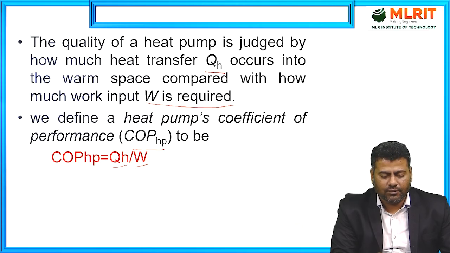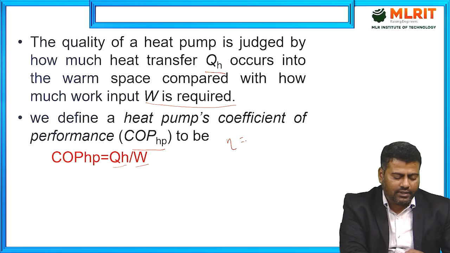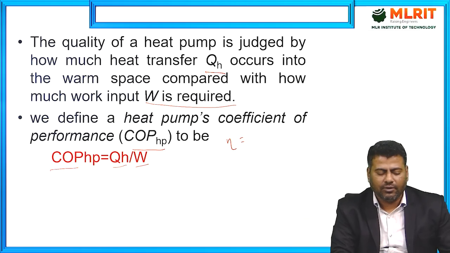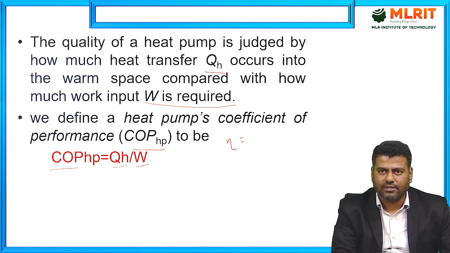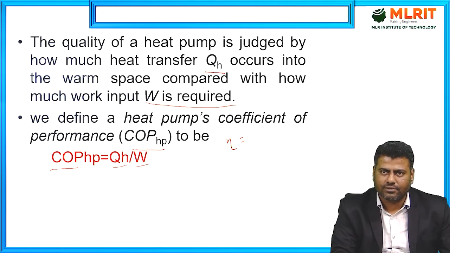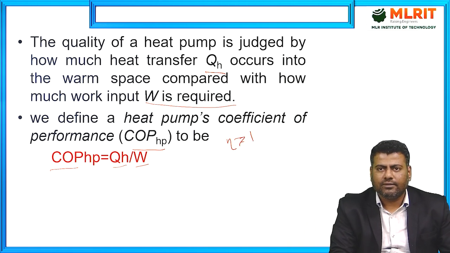See, you can ask the question: in the earlier case for the heat engine, the eta is output by input, right? But here we are using one more parameter, COP, coefficient of performance. Why? Because if you consider this as eta also, we'll get more than one.